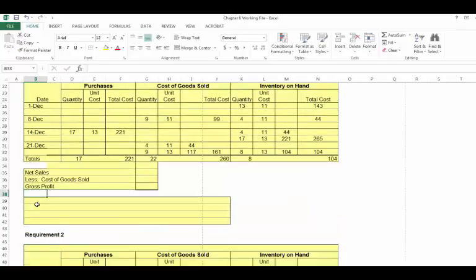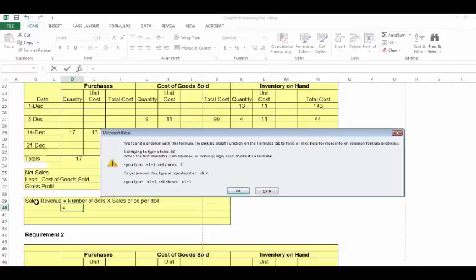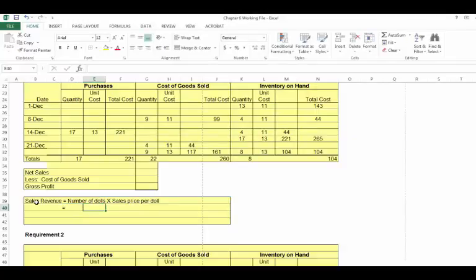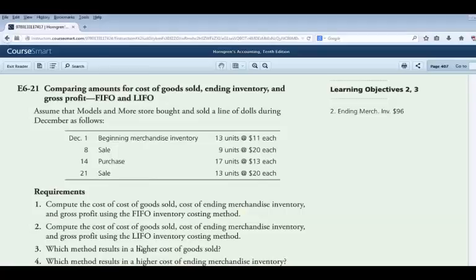So to calculate our sales, we want to know what the sales revenue is. We take the number of units we sold, or in this case dolls, times the sales price per doll. We sold a total of 22, and based on the information they gave us, we sold them each for $20.